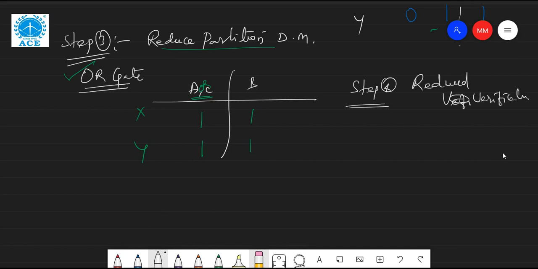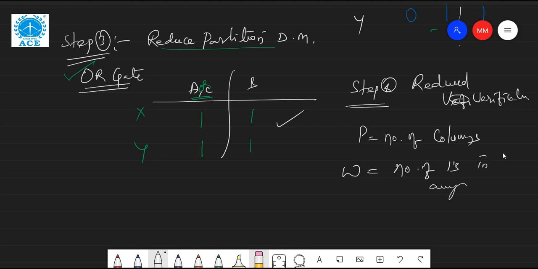Consider P is equal to the number of columns in this table, and W is the number of ones in any row.